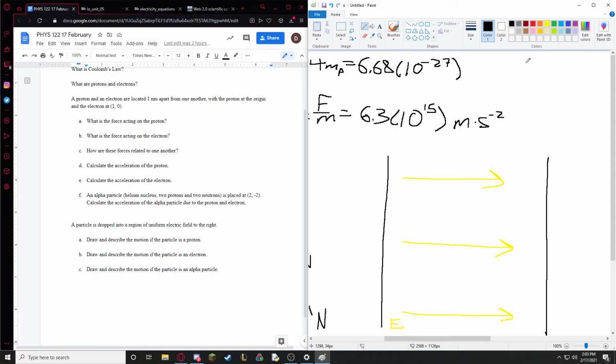So first thing, does anyone know how an electric field creates a force on a charged particle? What's the force on a particle due to an electric field?